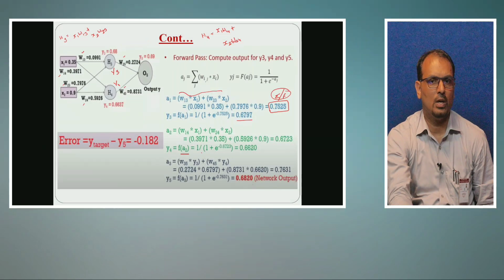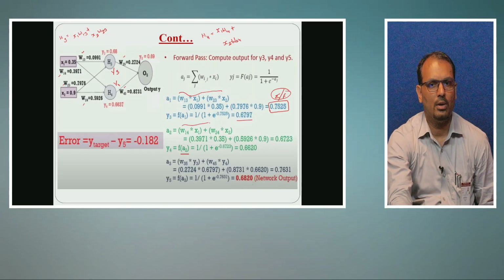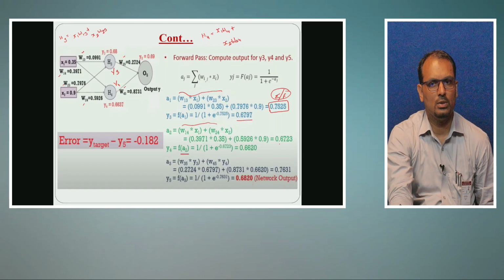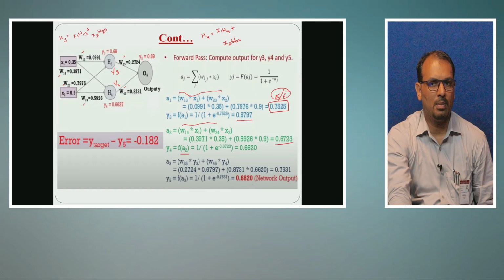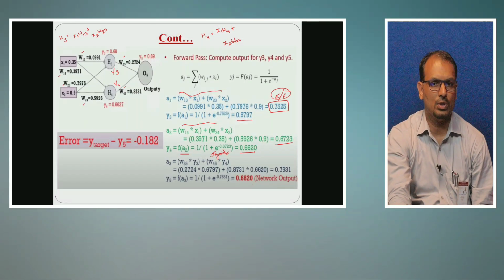And all these 4 values we know here. Put all these values and you will get 0.6723. And once again you apply the sigmoid activation function on this, and you will get 0.6620.